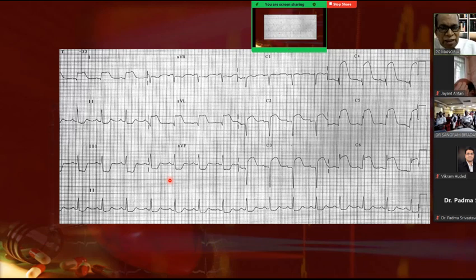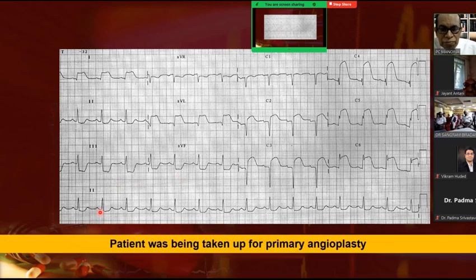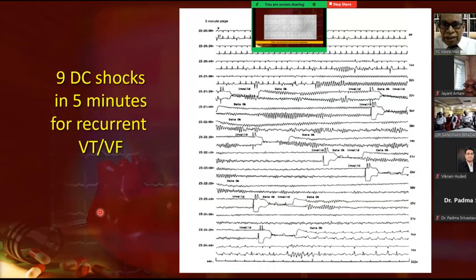It has reverted, and again you can see ST segment elevation in the precordial leads and ST segment depression in the inferior leads, clearly indicating this is again a dangerous subset of proximal LAD. While the patient was taken for primary angioplasty, he developed multiple episodes of ventricular fibrillation, and he was given DC shock.